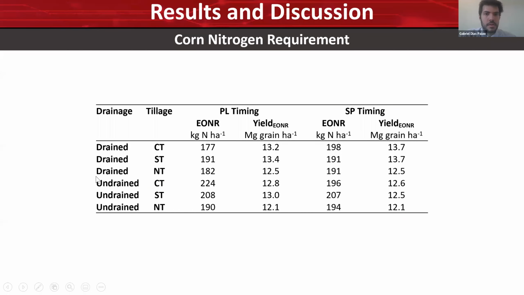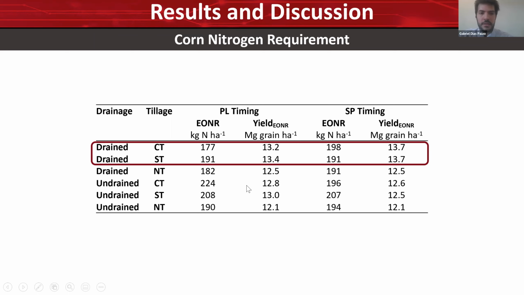Now talking about corn nitrogen requirements. So here we have the different drainage conditions and the different tillage practices. And we have the PL timing, so the single pre-plant versus the split treatments. And we have the UNRs and the grain yield at UNR for each of these conditions.